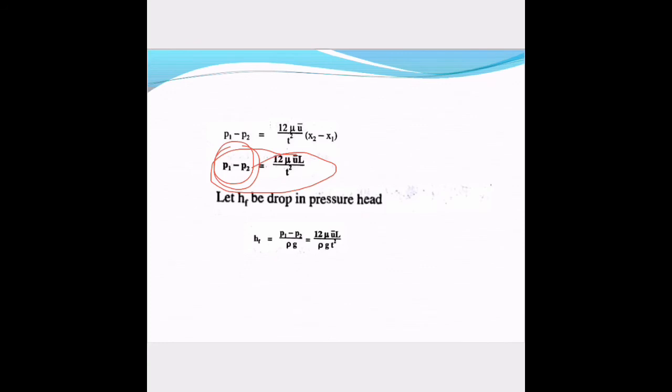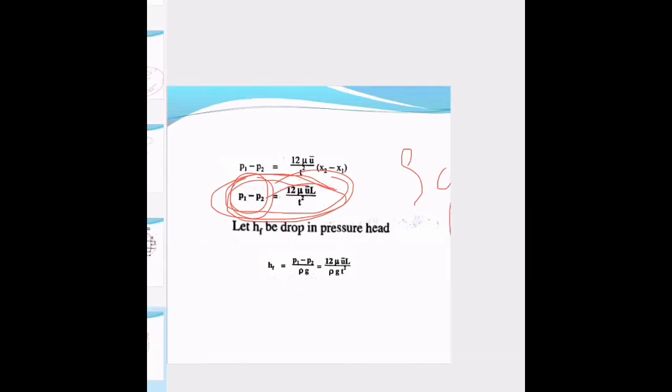So hf will be P1 minus P2 divided by rho g equal to 12 mu u bar L divided by rho g t square.